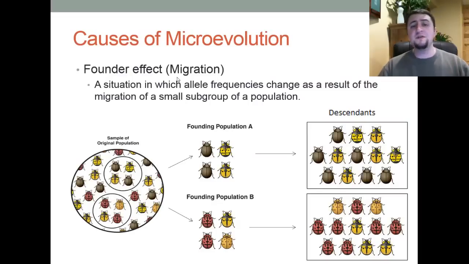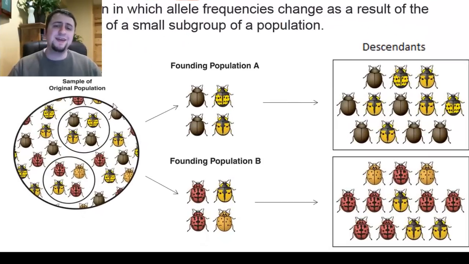The next cause of evolution is what I like to call the founder effect, otherwise known as migration. It is where we have certain alleles change because of a migration of a small subgroup of a population. So if we take a look down here, let's say that we have an original population that has all these beetles.